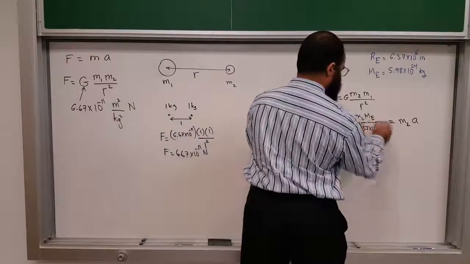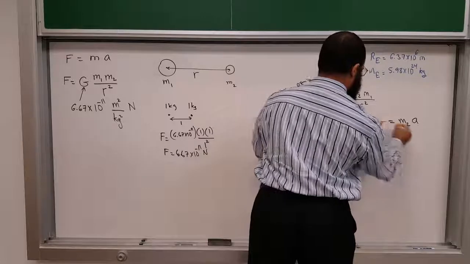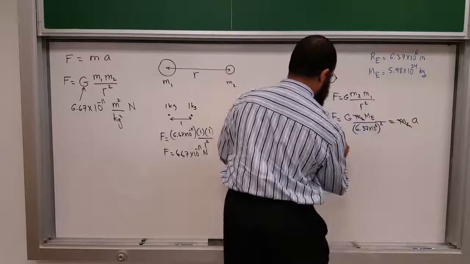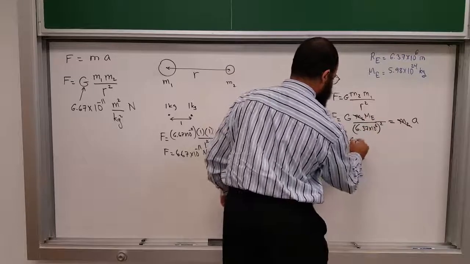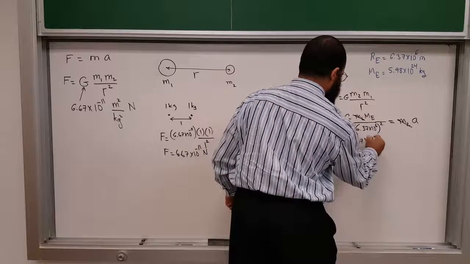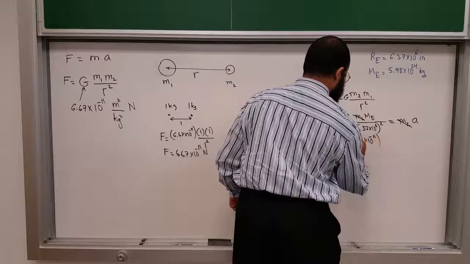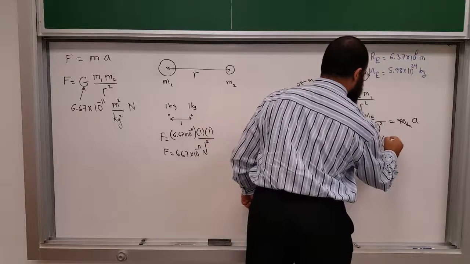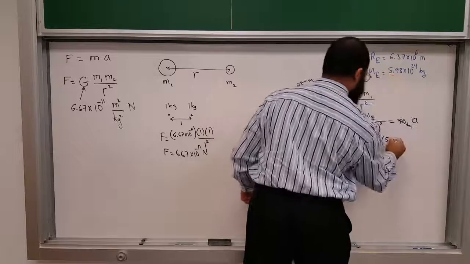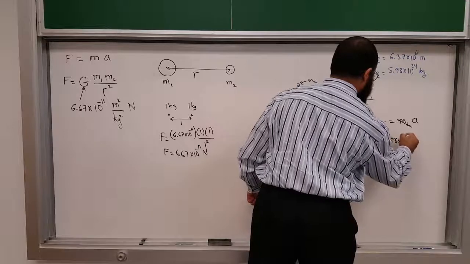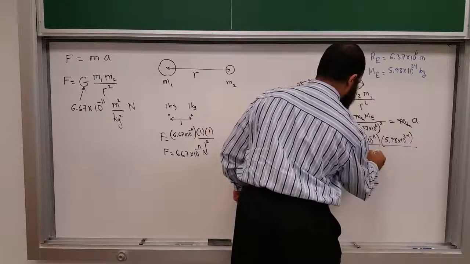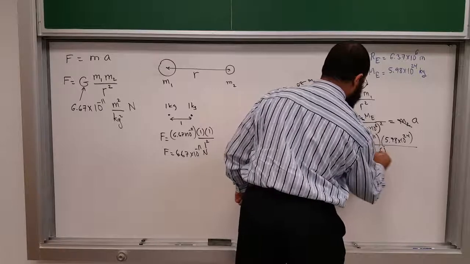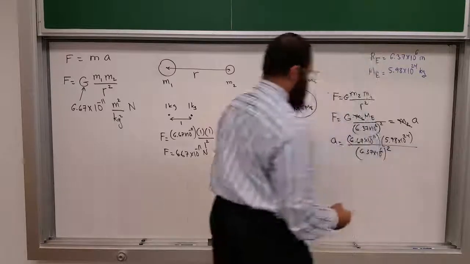So your mass simply cancels. And so your acceleration will be G, the mass of the Earth, over this number squared. G is 6.67 times 10 to the minus 11. Mass of the Earth is 5.98 times 10 to the 24 divided by 6.37 times 10 to the 6, but don't forget to square this.